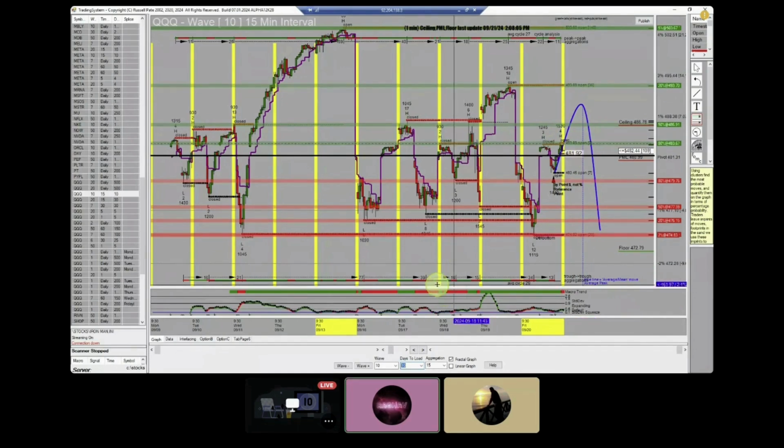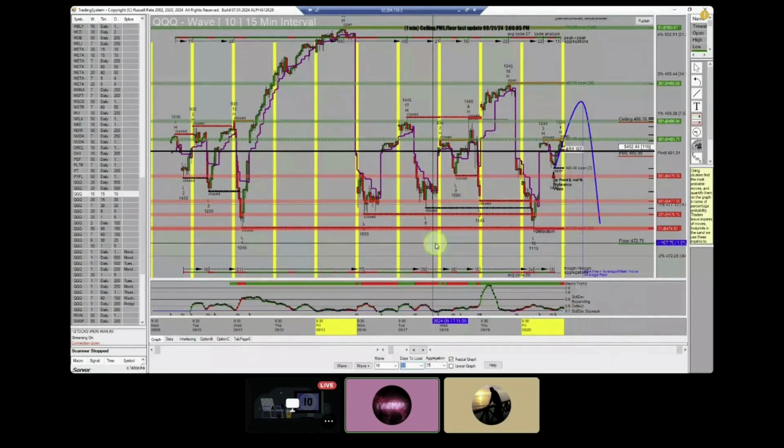So now I'm going to tell you about the macro trend and the standard deviation. The simple concept about the standard deviation is that you see the standard deviation squeeze. Look at my cursor.